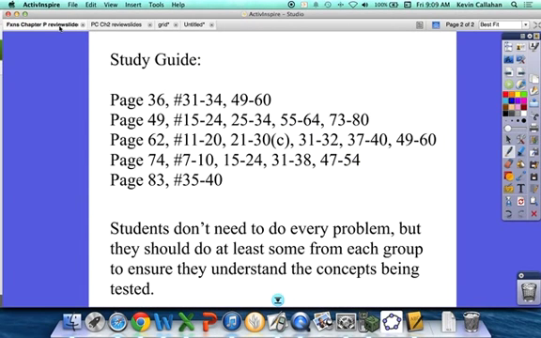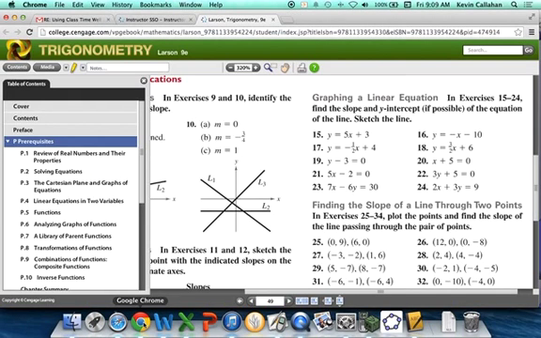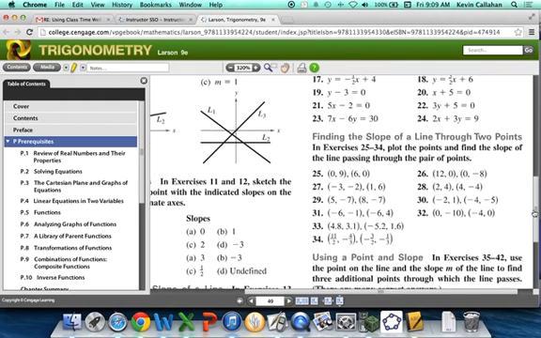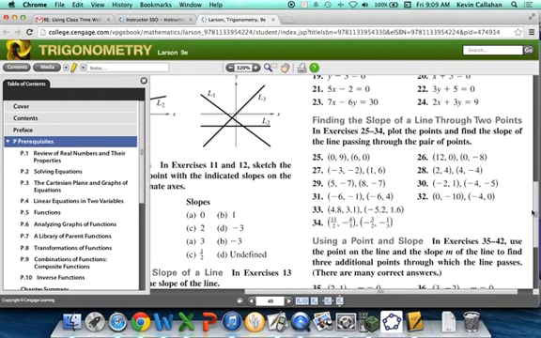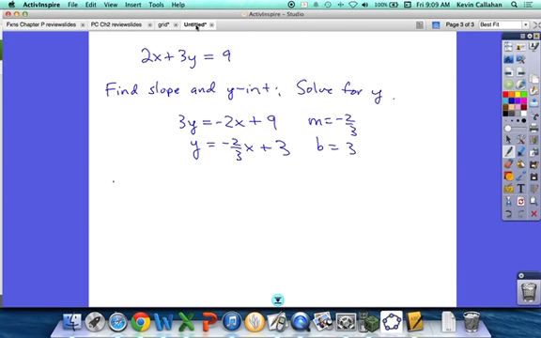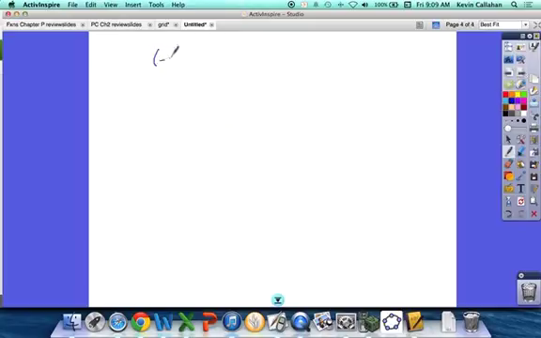Okay, 25 to 34. Same page. Basically you're going to be asked to find the slope of a line passing through 2 points. We've already done this, but let's take two: negative 3, negative 2, and 1, 6. What's the formula again?